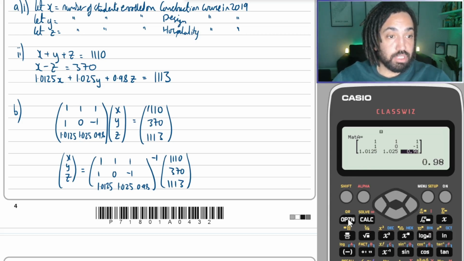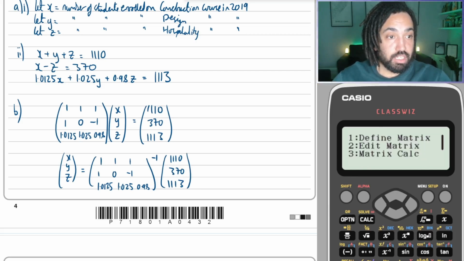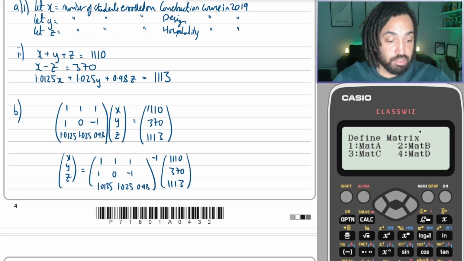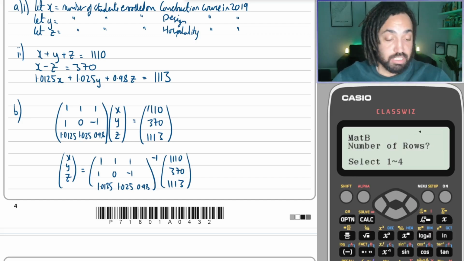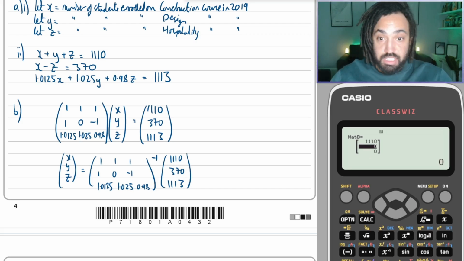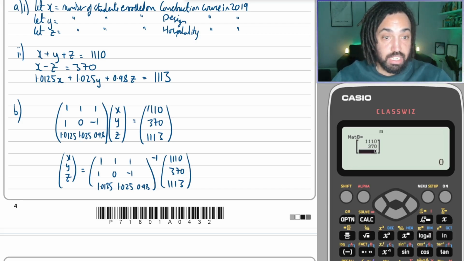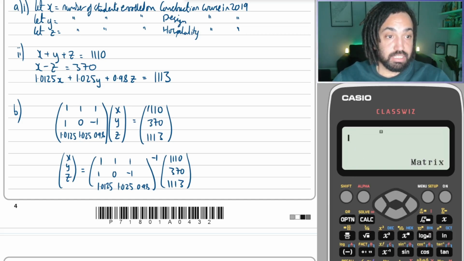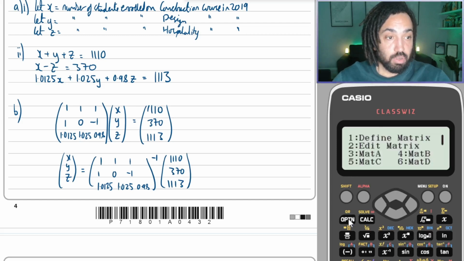Great. And then we want to go options, define a second matrix, matrix B. And we want that to have 3 rows and 1 column, and that's going to be our values. So 1110, 370, and 1113.